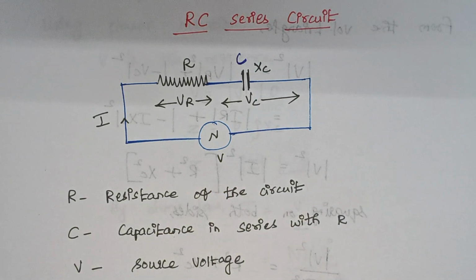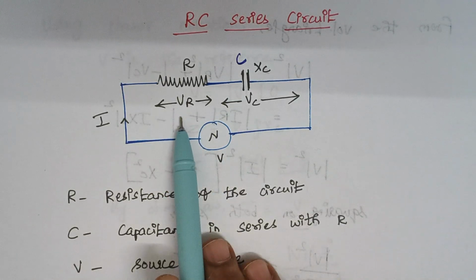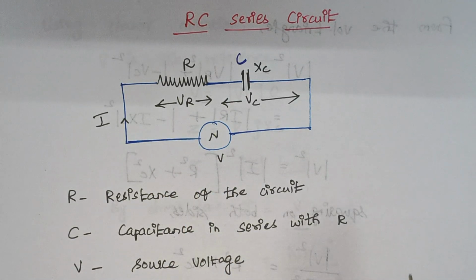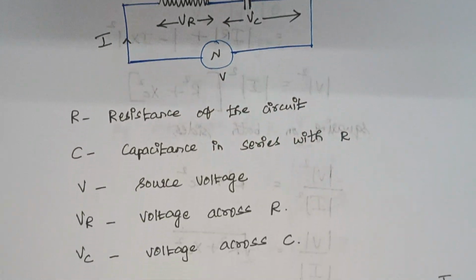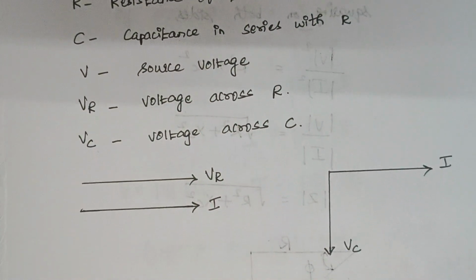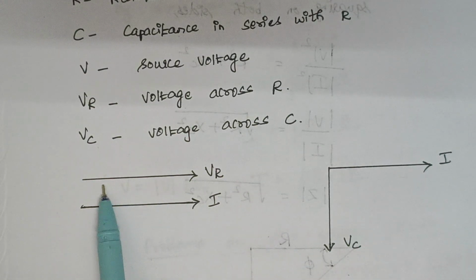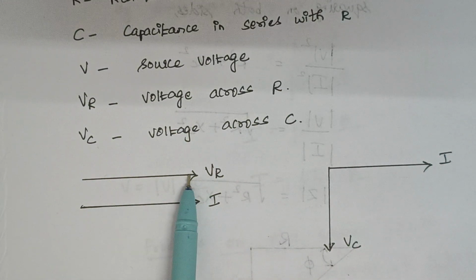First we are going to discuss the relationship between the voltage and current in a resistor and the relationship between voltage and current in a capacitor. So here you see, this is how the voltage across the resistor and the current in the resistor will be. That is, they are in phase.